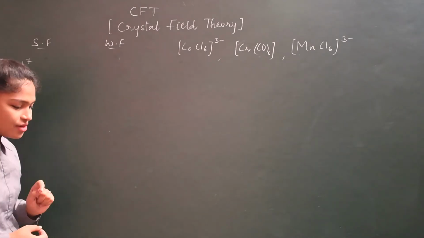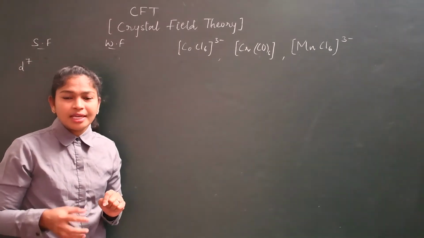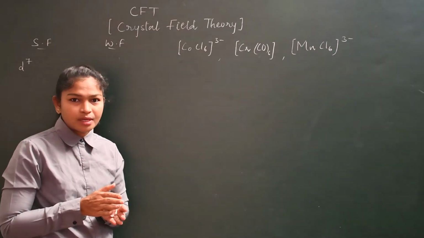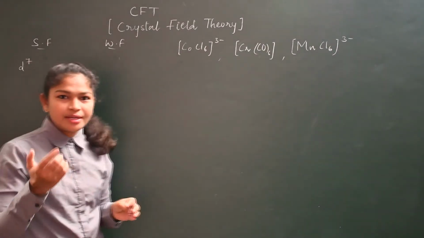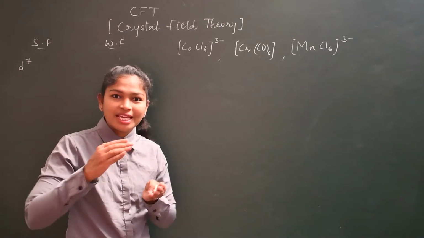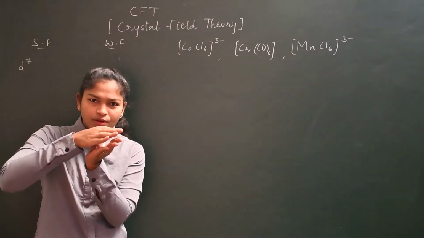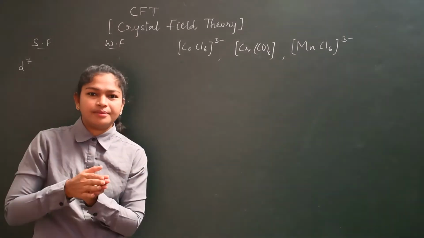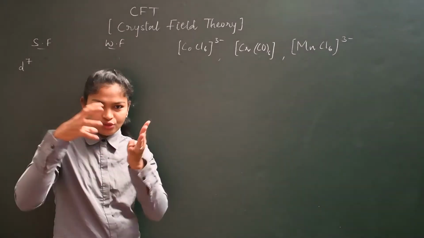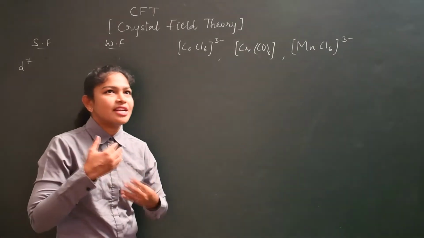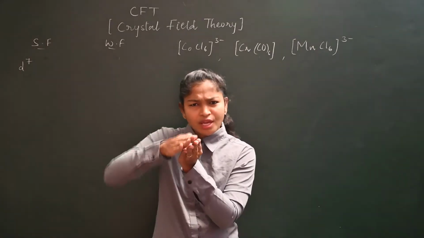Actually in strong field, the energy gap between the T2g and eg orbitals will be more. Strong field means pairing up will be more actually.